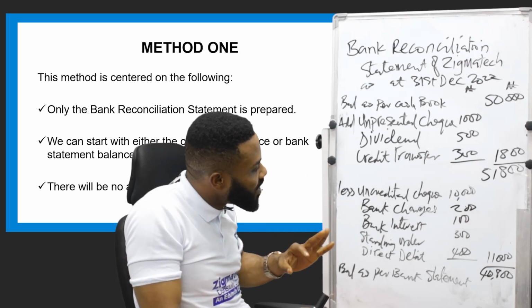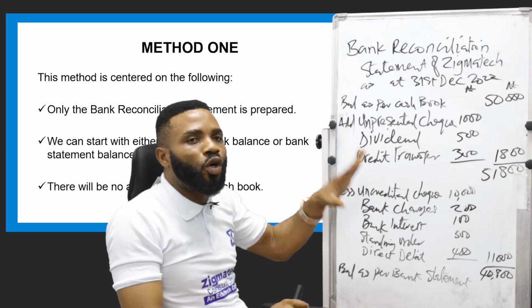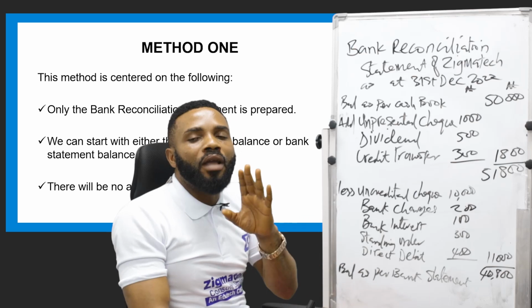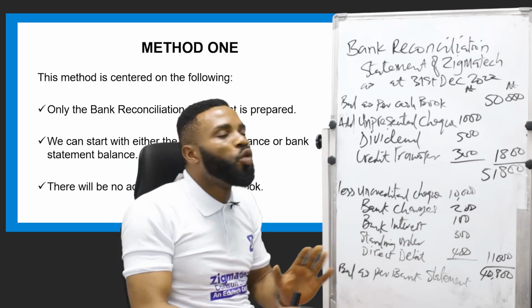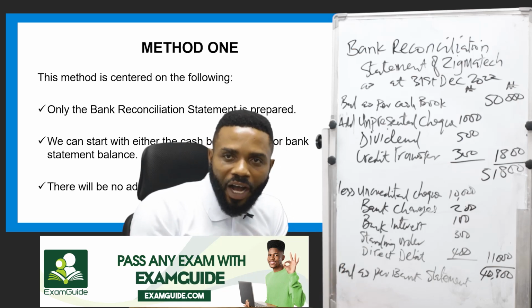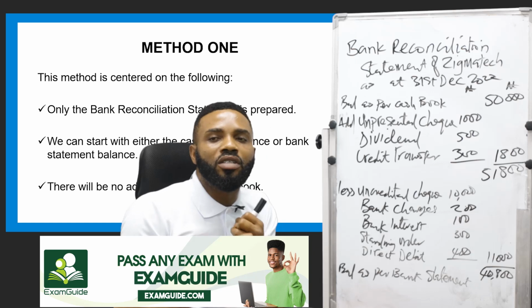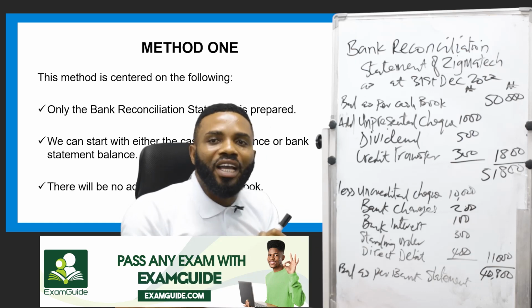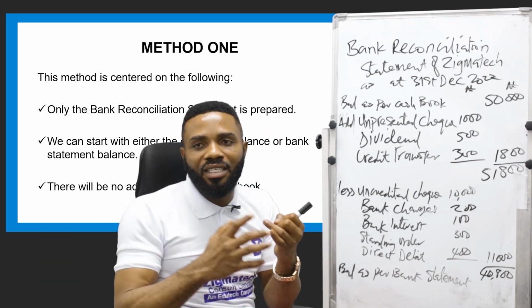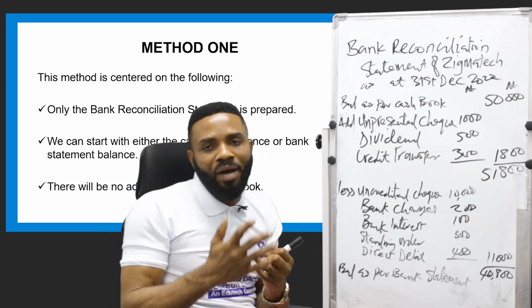But I want you to understand something. Anytime you are using method 1 to prepare bank reconciliation statement, you are just going to make it straight. There is no adjustment like I have said so far. This method is centered on the following. Number 1, only the bank reconciliation statement is prepared. We can start with either the cash book balance or the bank statement balance.